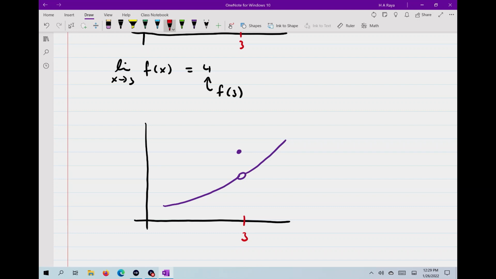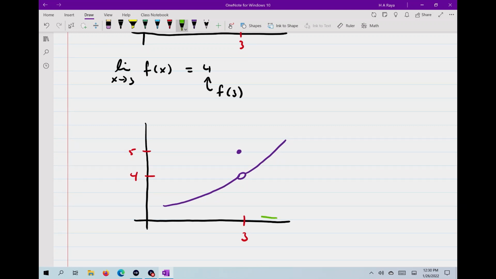Suppose that the heights here are 4 and 5. As my x's get close to 3 from the left-hand side, the y values of my function are headed towards the number 4, which is not equal to the value of my function, where the value of my function is actually 5.